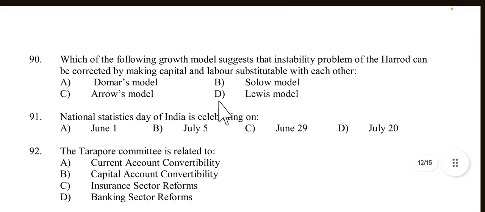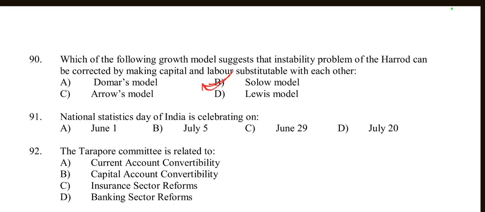Question number 90: which growth model suggests that the instability problem of Harrod can be corrected by making capital and labor substitutable for each other? It is the Solow model. In the Solow model, labor and capital are substitutes, because the Solow-Swan growth model addresses the instability problem in the Harrod-Domar model by introducing substitutability between capital and labor.